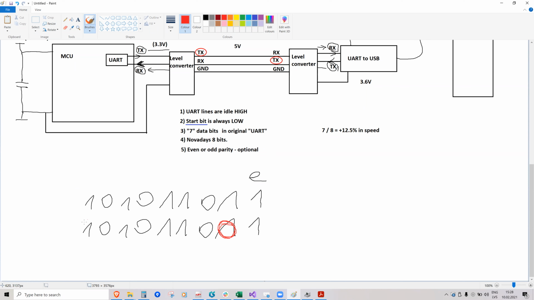It sees the number of ones is even, and here is an extra one, which makes the number odd. So it knows that this message had a mistake, and it can reply that there was a mistake, or it can just discard this byte. So it works if the number of mistakes is one.